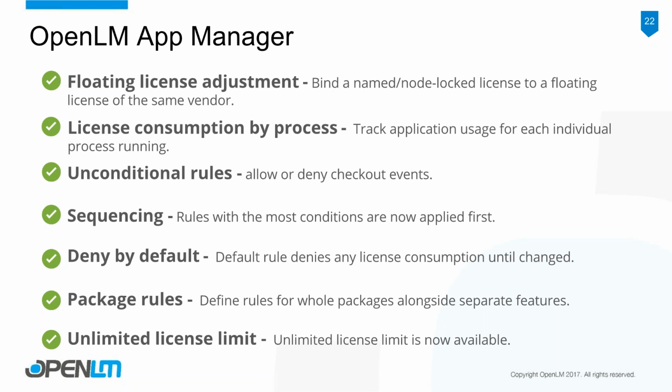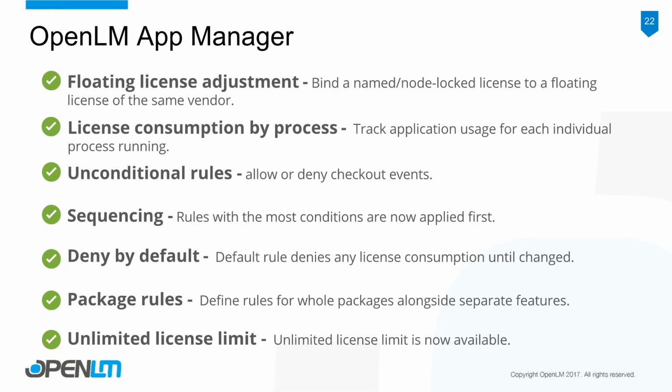So first of all, what the App Manager does is allow you to track and have management capabilities on any floating license, node locked license, named license, or even applications which do not have a license at all.